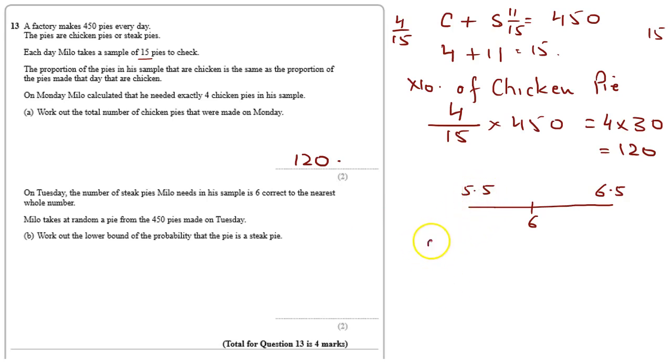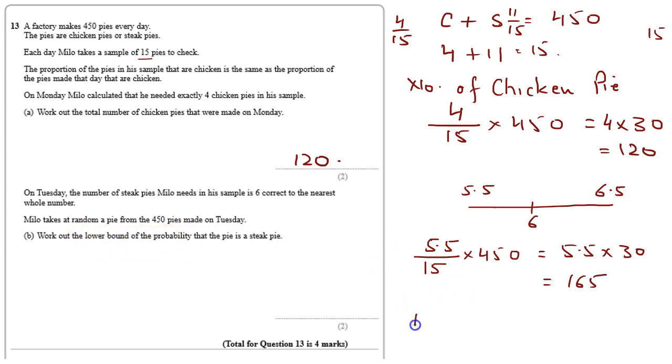So he has taken lower bound is 5.5 and total is 15. Multiply 450. So that is 5.5 multiply 30. That is 165.